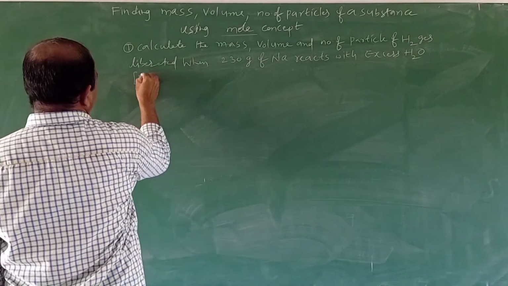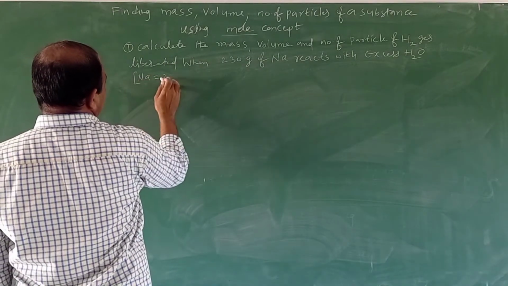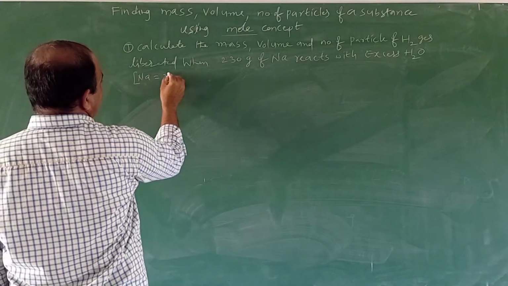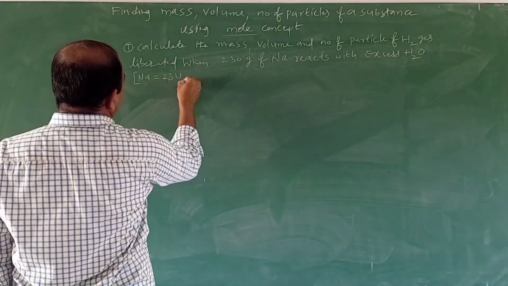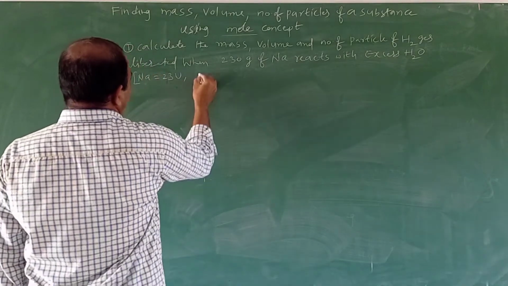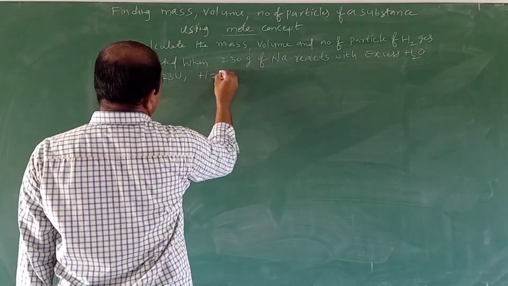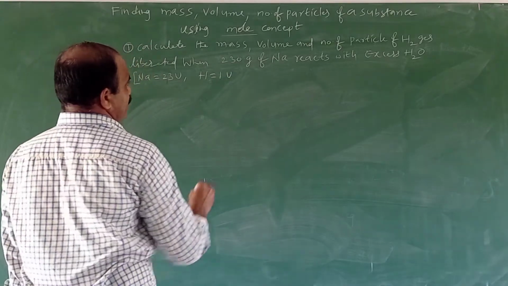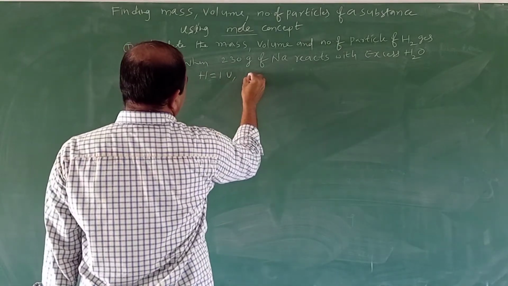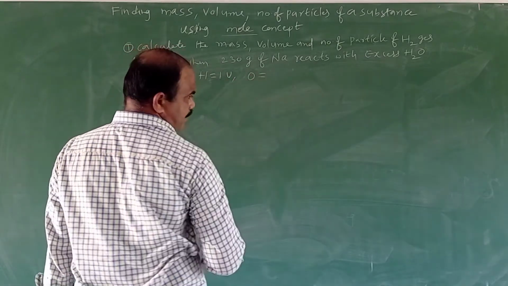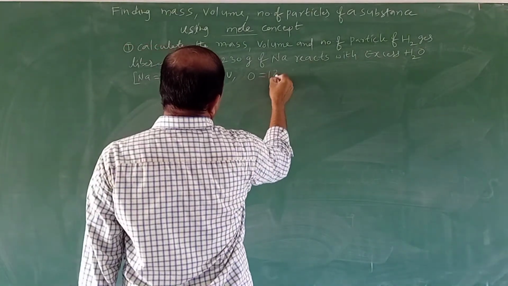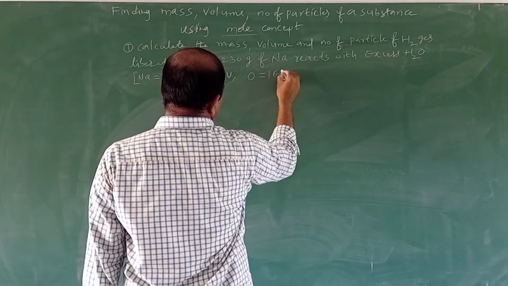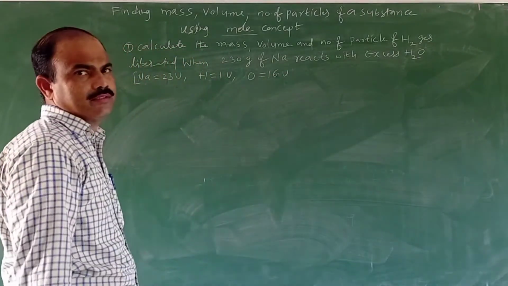The sodium molecular weight is 23 unified mass, hydrogen molecular weight is 1 unified mass, and oxygen molecular weight or molar mass is 16 u. They will be given like this.